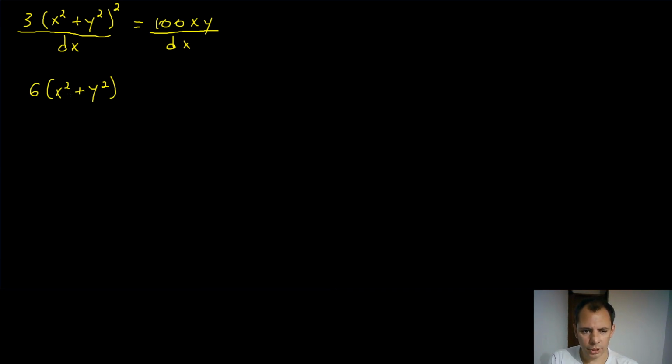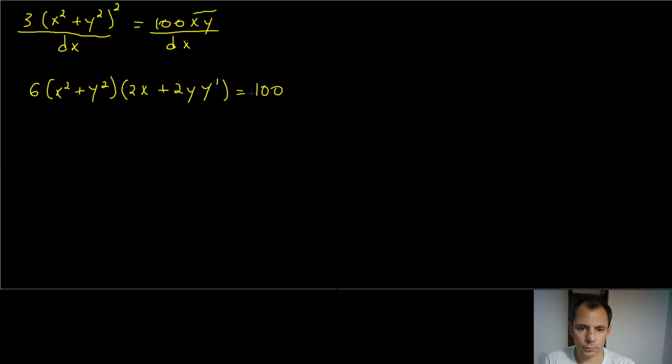Now you have to multiply by the differentiation of the inner function, which is going to be 2x plus 2y y prime, remember? Y squared, you differentiate with respect to y, and then you multiply by dy/dx. So you have this here, equals 100, which is just a constant, and here you have the product rule.